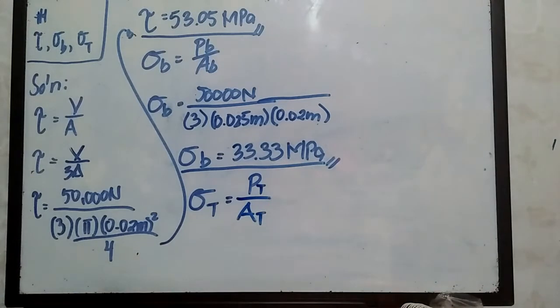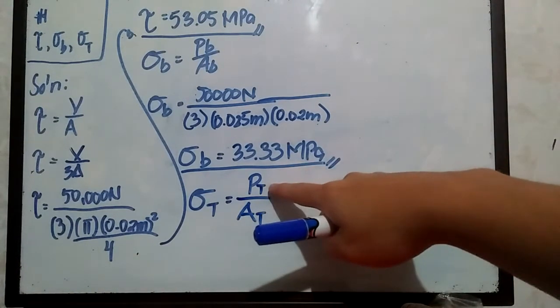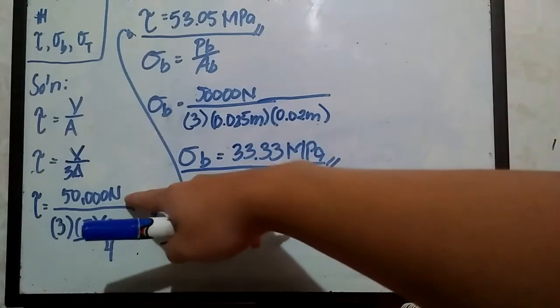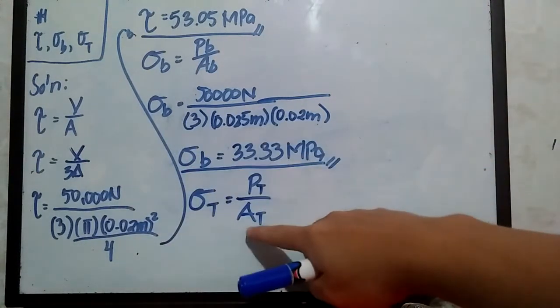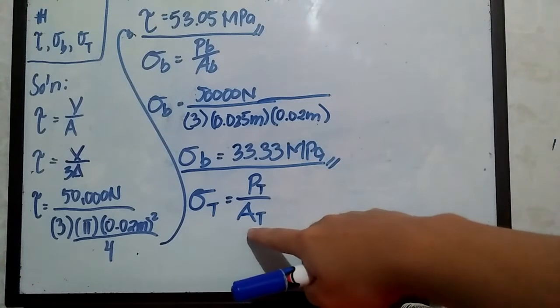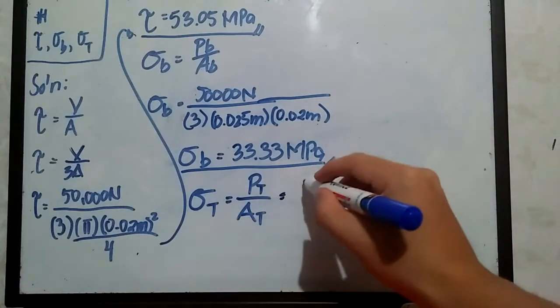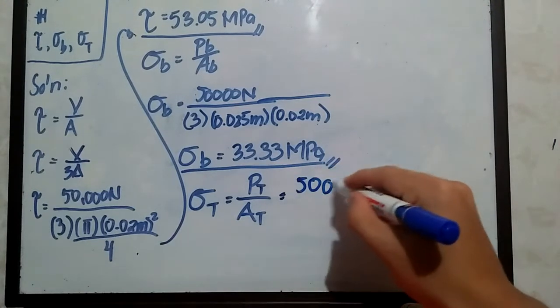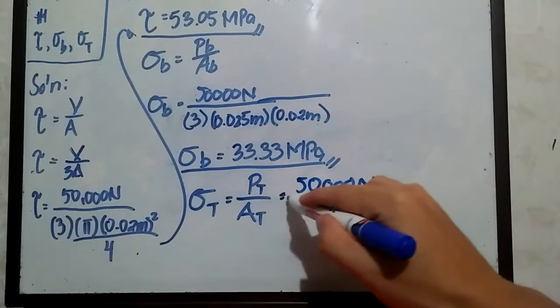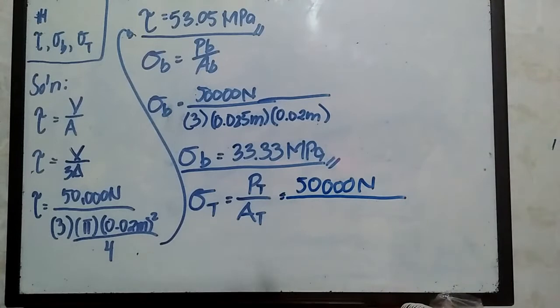We already know P is 50 kilonewtons, or 50,000 newtons. What we need to determine is the corresponding area.